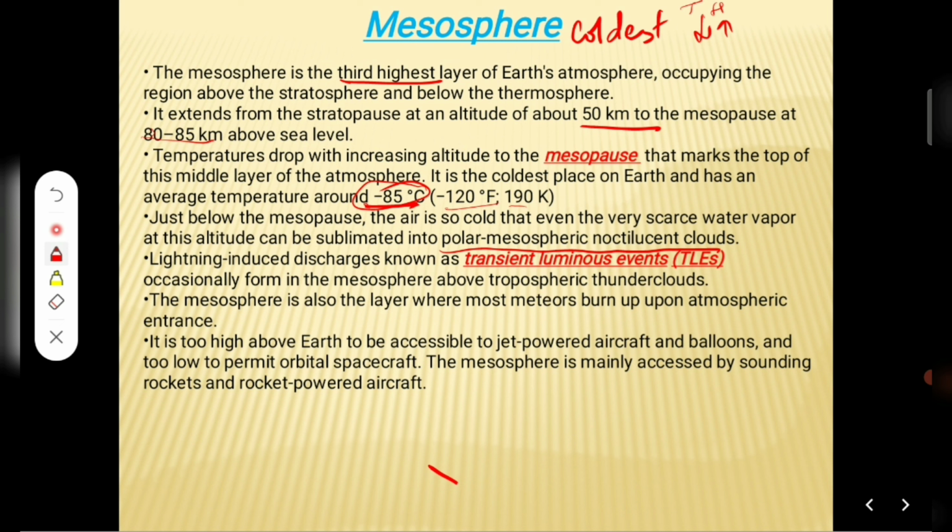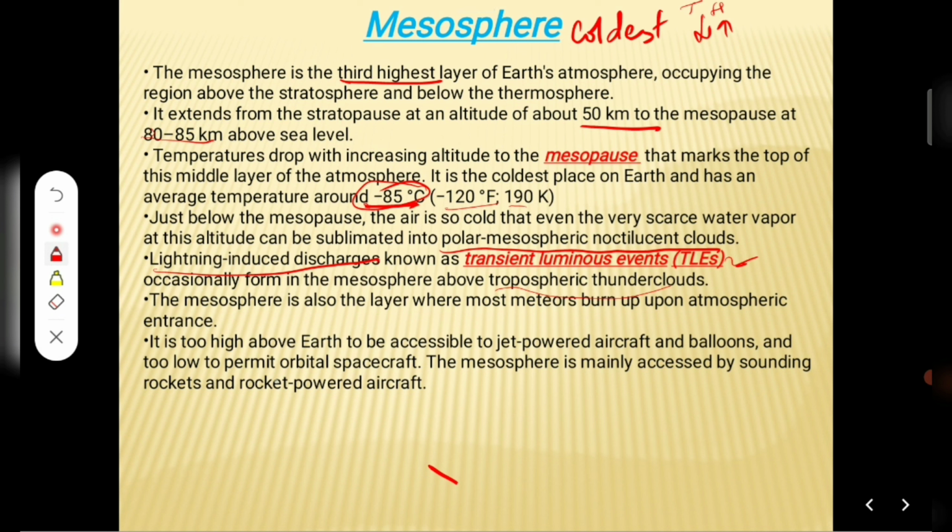There are no meteorological phenomena occurring in this layer, but some phenomena like lightning-induced discharges, known as transient luminous events, can be seen occasionally due to the formation of tropospheric thunder clouds.